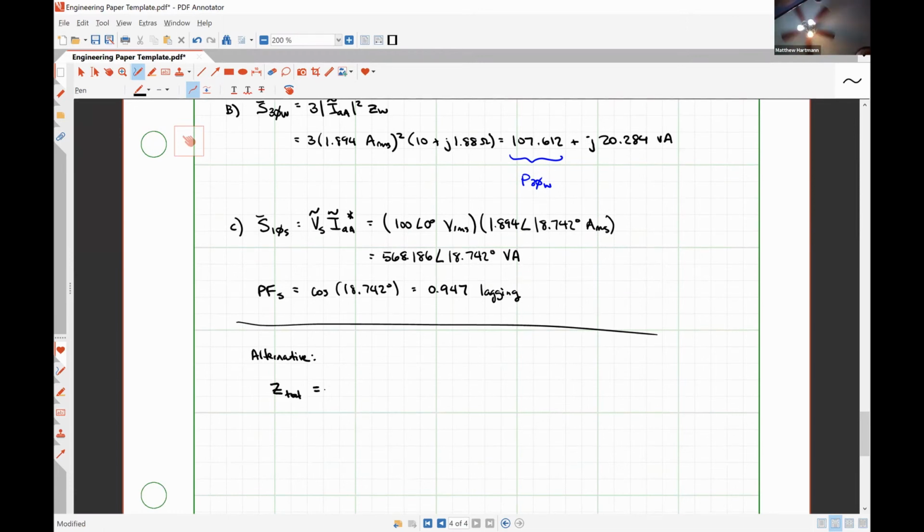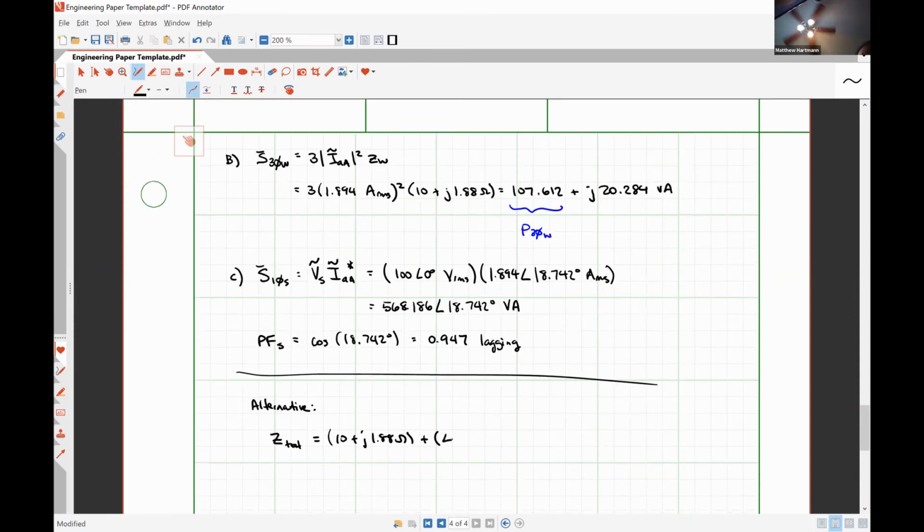The total impedance is 10 plus J 1.88 ohms plus 40 plus J 15.08 ohms. Let me find my calculator real quick so I can add those two numbers together.